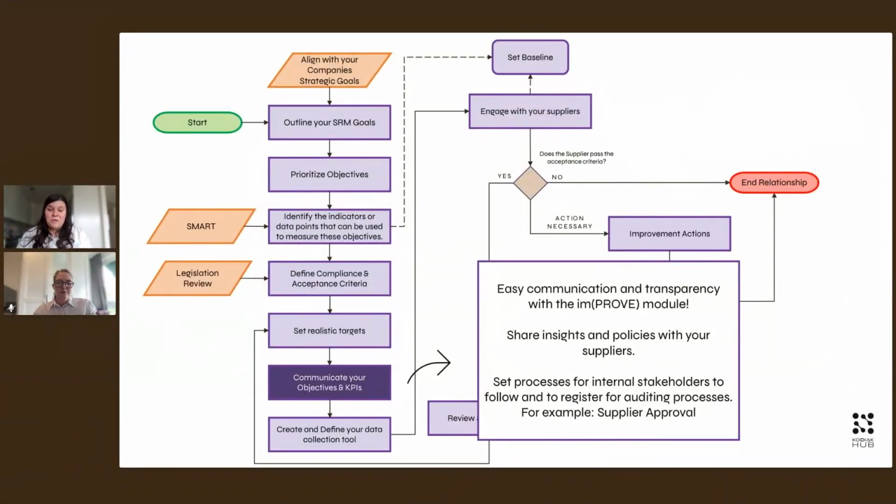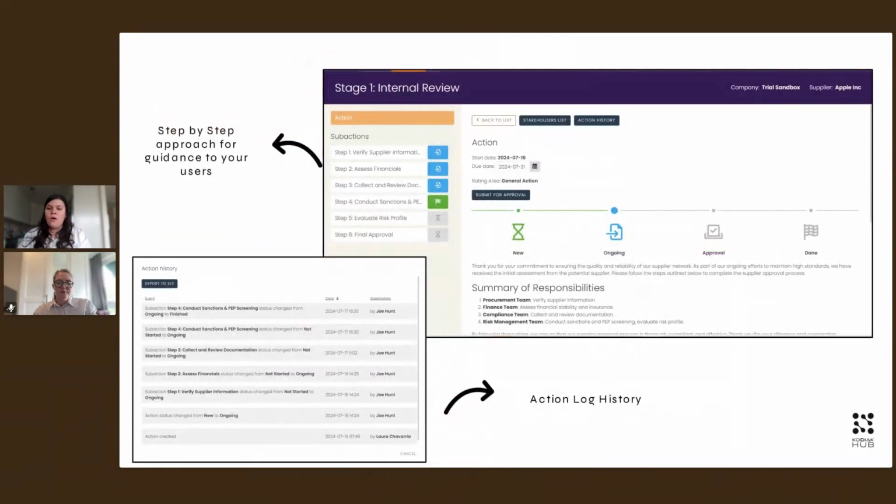Additionally to that, talking about communication is extremely important, but also follow-up and auditing. When you communicate with internal stakeholders or the supplier, you can do this throughout the action module. Now we have the action log history, so you will know exactly what happened at what time and by which user.